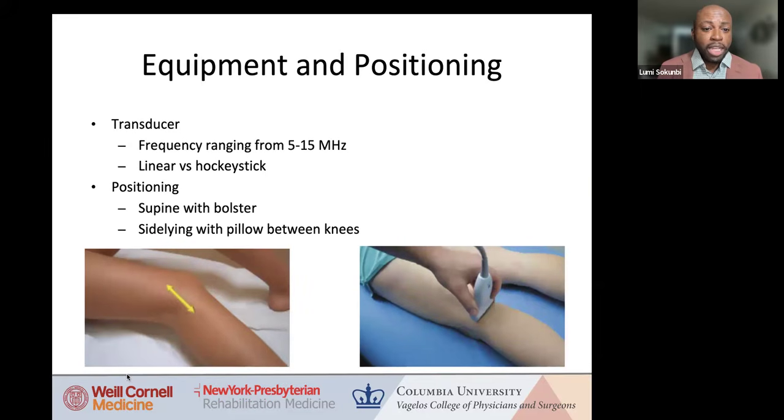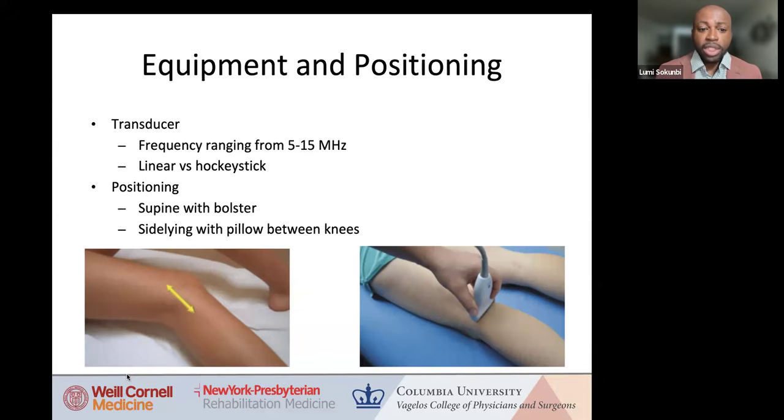To optimize your ultrasound examination, we want to make sure we're using the right equipment and positioning. So starting off, having a transducer with frequency ranging from 5 to 15 megahertz, allowing you to have appropriate resolution and depth to best visualize the structures. For the most part, you can use the linear transducer, but the hockey stick can be helpful for better visualization of nerves.